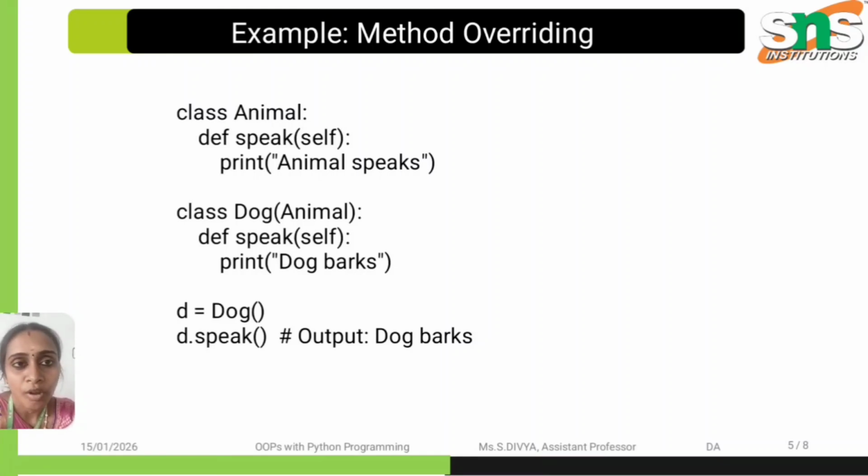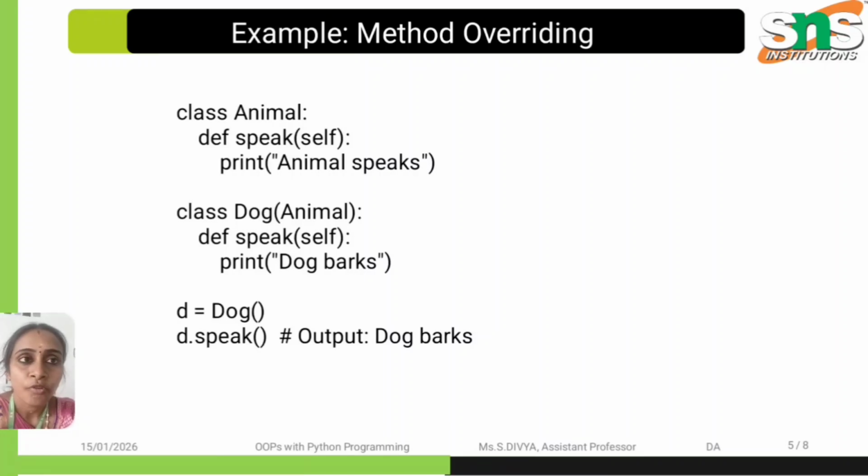When I call the method using the object, it shows that the method of that particular class has been overridden.